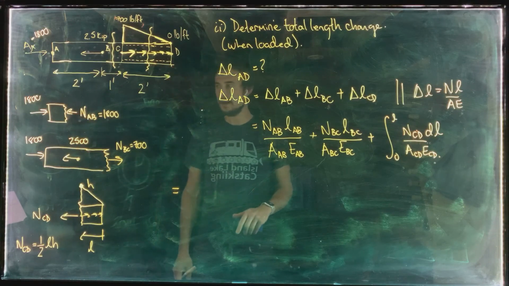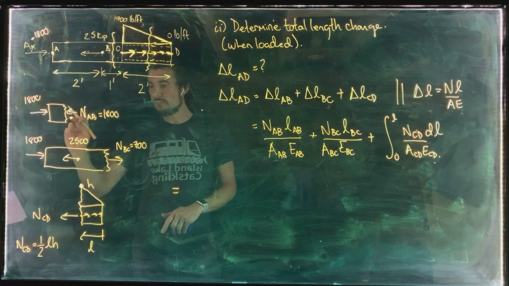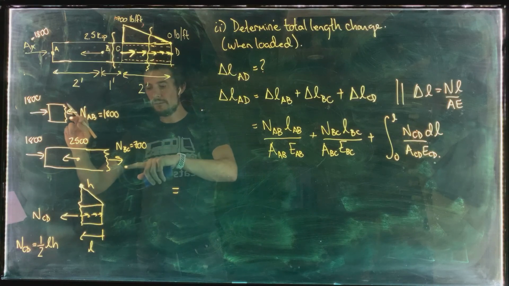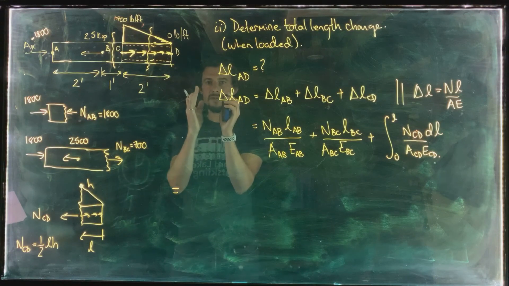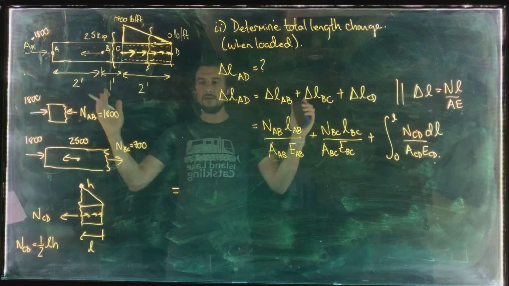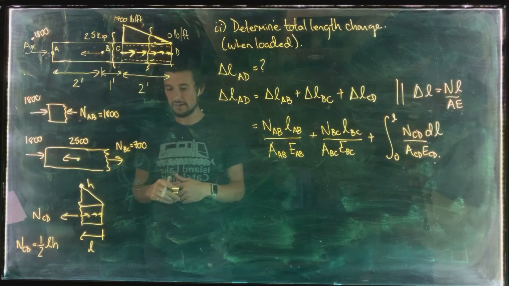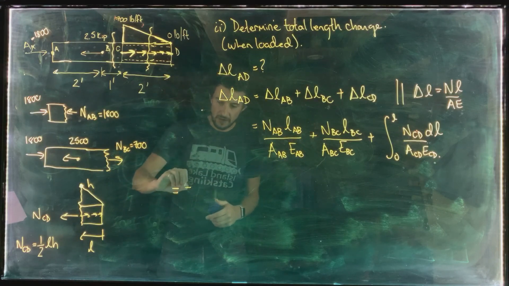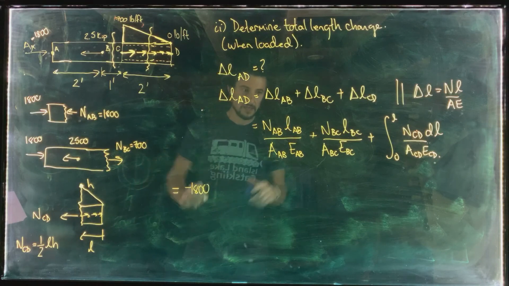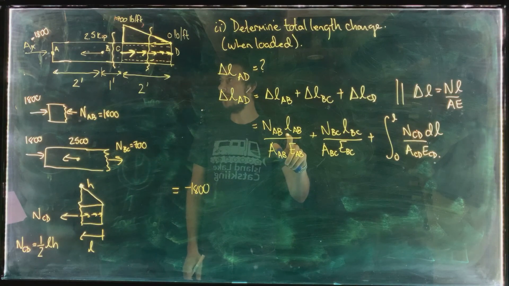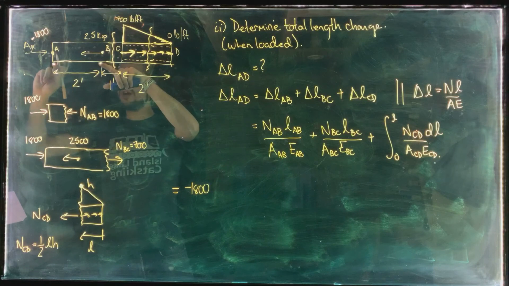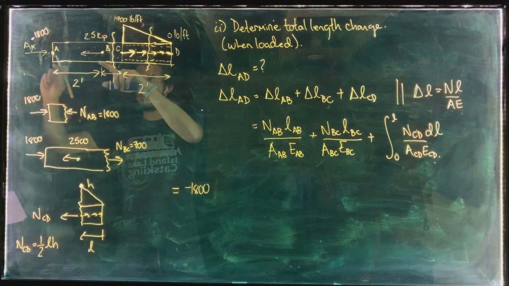Because if you've got some internal forces that are compressive, some that are tensile, some segments are getting shorter, some segments are getting longer, and you have to add and subtract those appropriately. So we've got minus 1800 up here, the length of segment AB. So that is just the length between A and B, which is 2 feet.